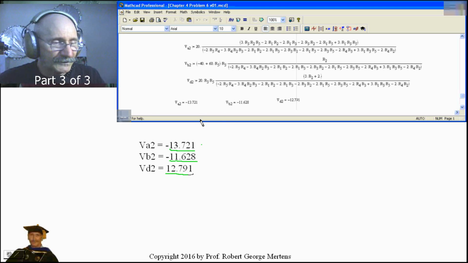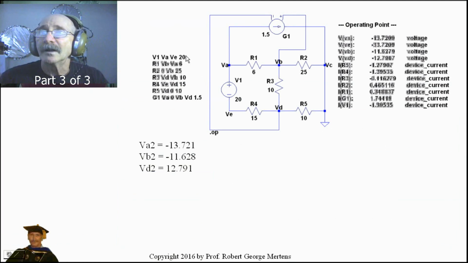Let's see, when we did this in SPICE, what happens? Here's our net list in SPICE. And here are the values. We have VA2, and here's the missing power supply over here. V2 is missing. The VA is minus 13.721.